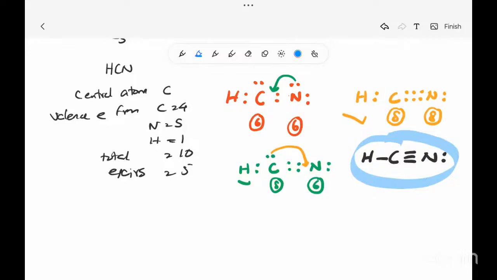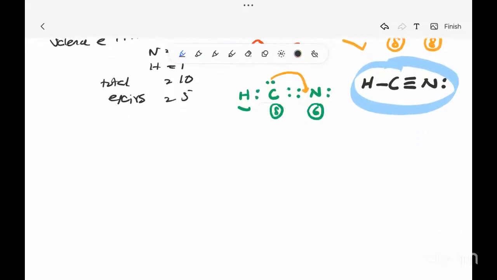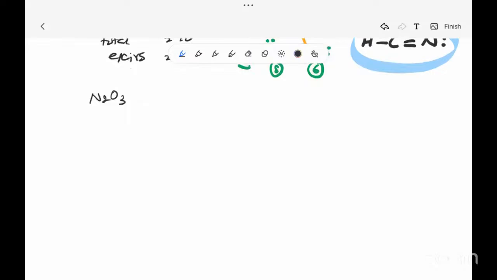Okay, then I will go to N2O3. We'll finish these. There are three more at the end. N2O3. So the central atom should be nitrogen. Right.